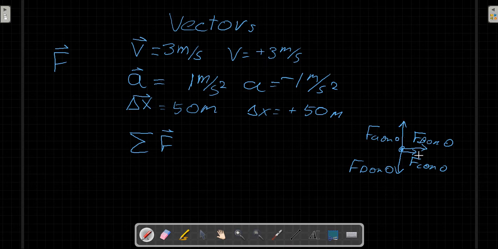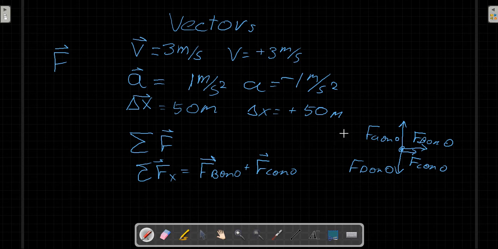Right? So the sum of the force vectors in the, let's say, x direction for now, will equal force B on O plus force C on O. Notice I've left these arrows in here, right? That's because we haven't defined a direction.